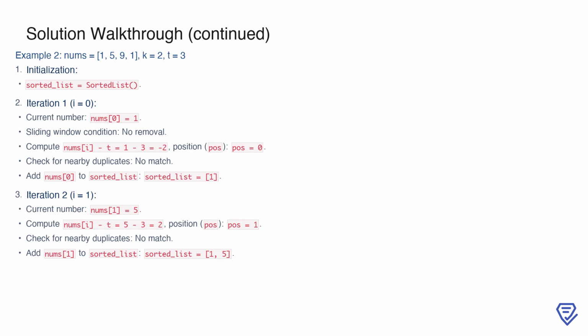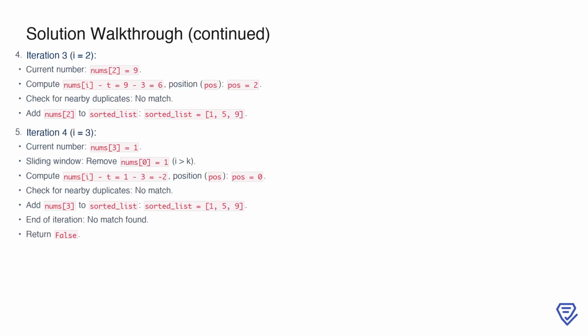Next, for nums[1], which is 5, the calculation nums[i] - t gives 5 - 3, which equals 2. The position for insertion is 1. Checking for nearby duplicates, there are no elements within the allowed range of t. We add nums[1] to the sorted list, updating it to sorted_list equals [1, 5].